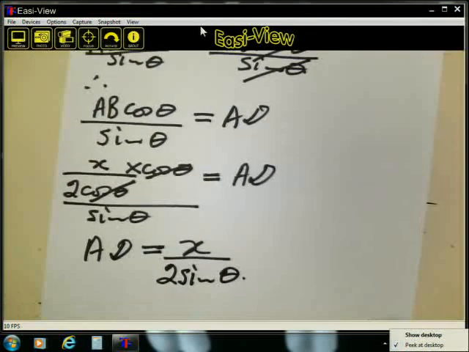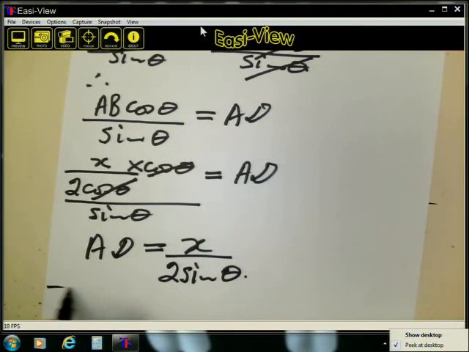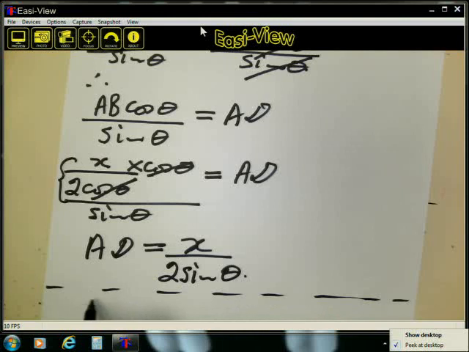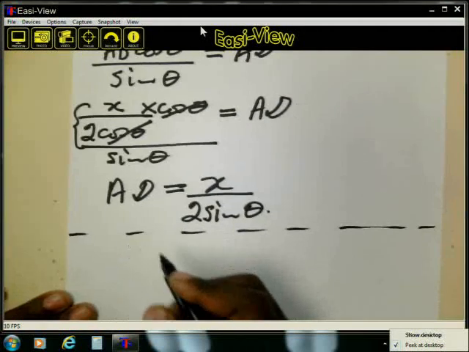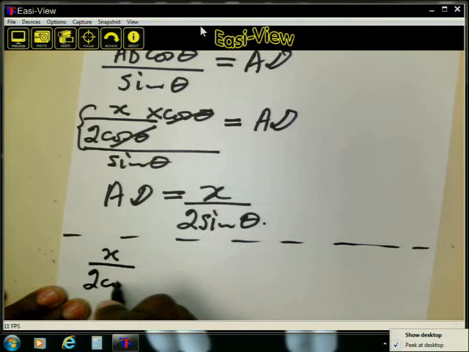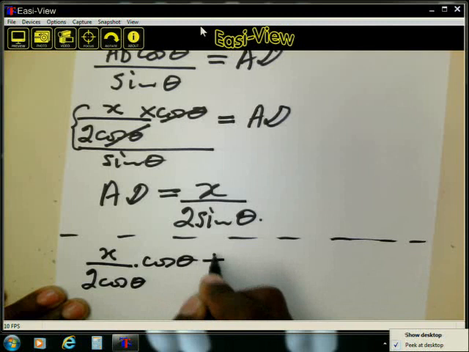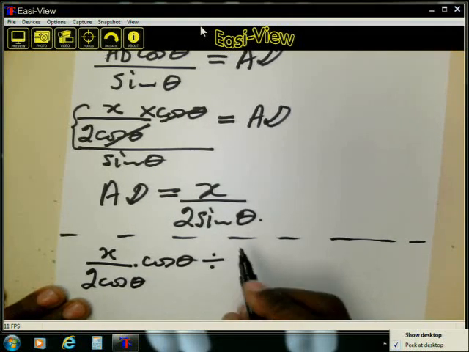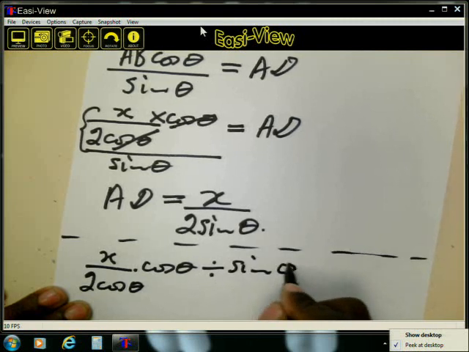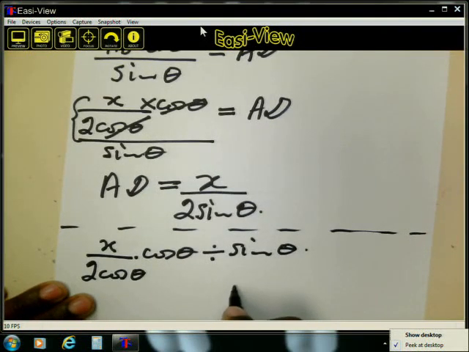If I may remove the confusion that might appear here, let's write this here as x over 2 cos theta divided by sine theta. And then we flip and times. So this is 1 over sine.